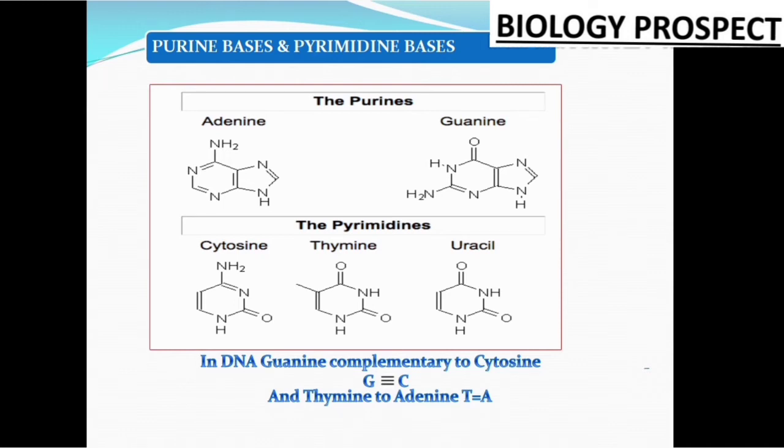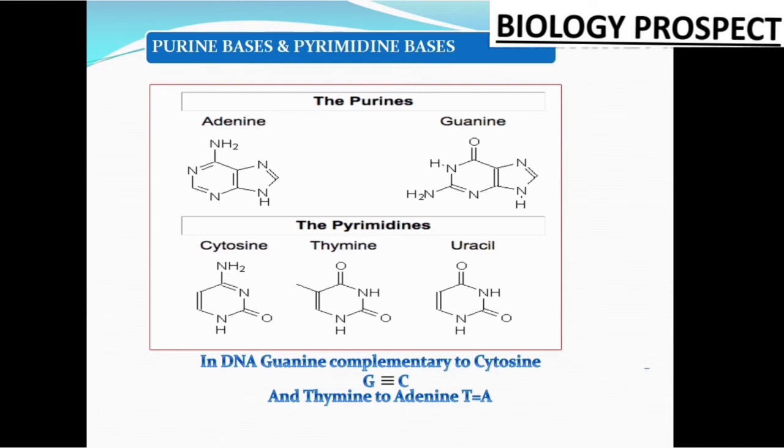So purines have 9 atoms in their rings, and the pyrimidines have 6 atoms. These are the 4 basic nitrogen bases which mainly constitute the nitrogen base part of the nucleotides.